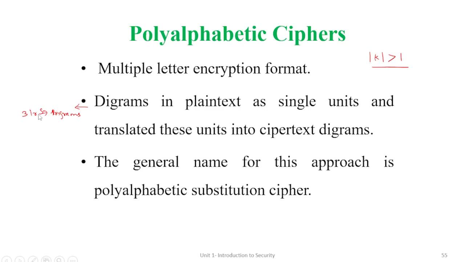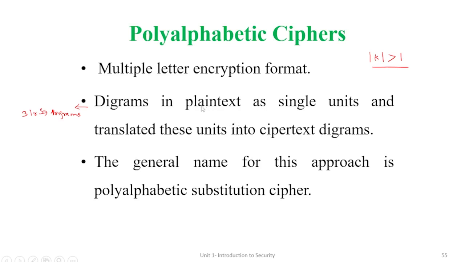If three letters are joined as one pair, that is called a trigram. Each digram or trigram of plain text is taken as a single unit, and for that single unit we perform the encryption method to retrieve the cipher text values.